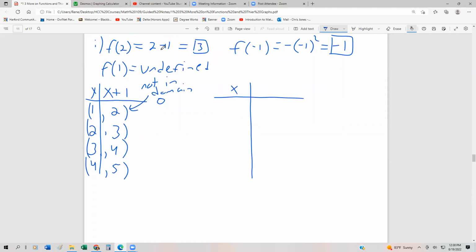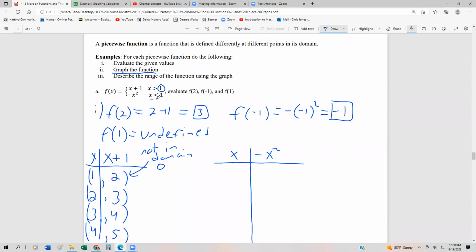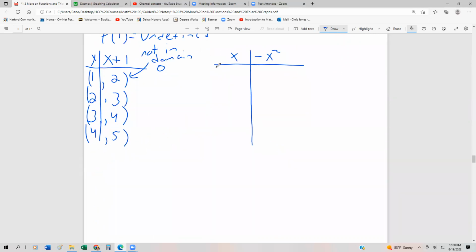Now, we're going to do the exact same thing with negative x squared. We have our x and our negative x squared, and remember, x is going to be less than 1. Let's start at 1 once again: 1, 0, negative 1, negative 2. When we substitute values, this is going to be the opposite of 1 squared, which is negative 1, the opposite of 0 squared, which is 0, the opposite of negative 1 squared, which is negative 1, and finally the opposite of negative 2 squared, which is negative 4.